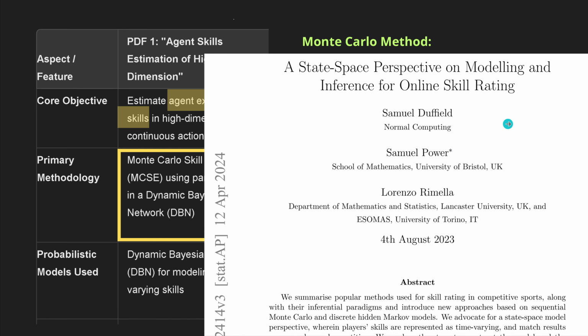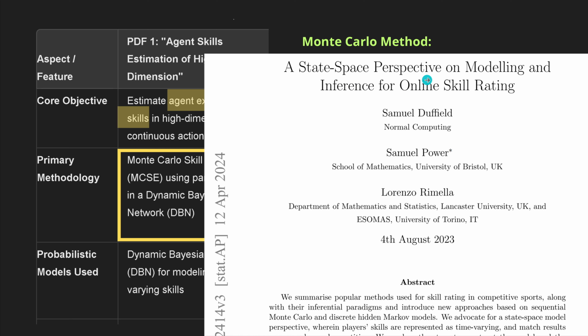Or if you want a little bit more advanced, where we go with sequential Monte Carlos and discrete hidden Markov models, I would recommend this, also from mid of April 2024. Normal Computing, School of Mathematics, University of Bristol, and Department of Mathematics and Statistics, Lancaster University, and the University of Torino.